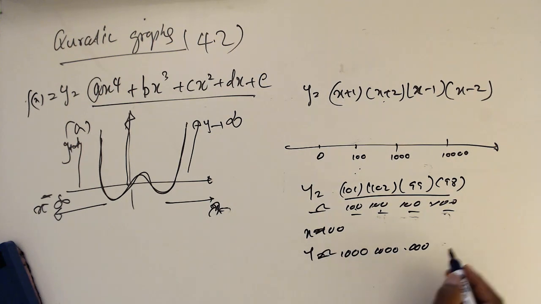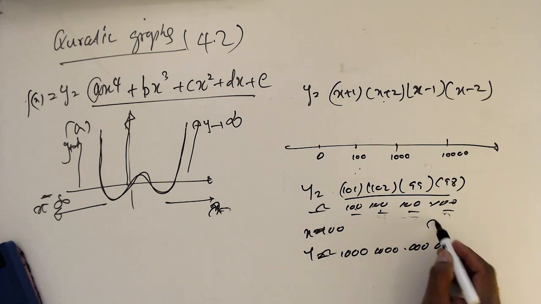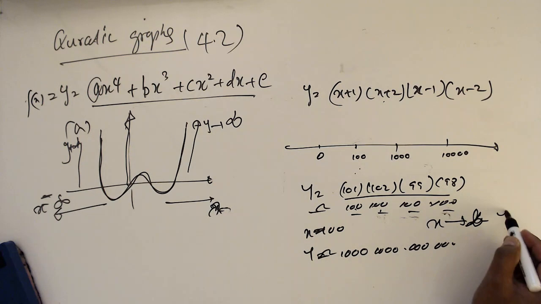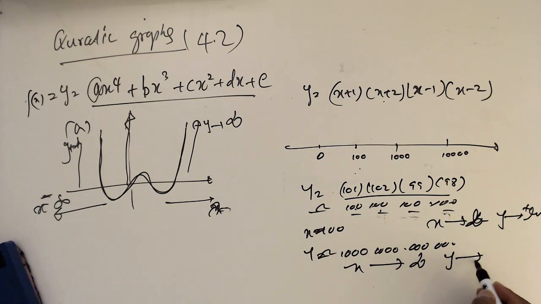This is the approximation. It means it is getting bigger and bigger. When x is getting larger, y is also getting larger, positive. It means when x goes to positive infinity, y also goes to positive.